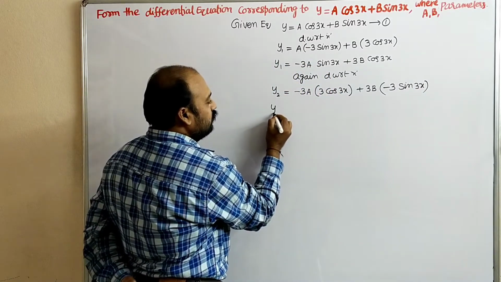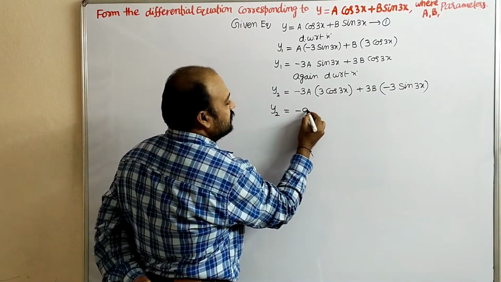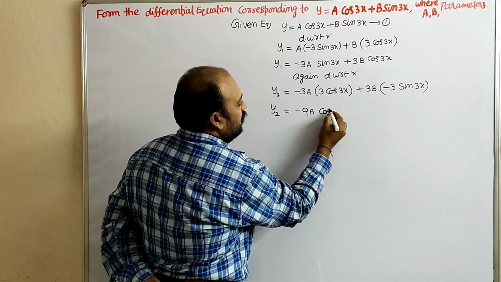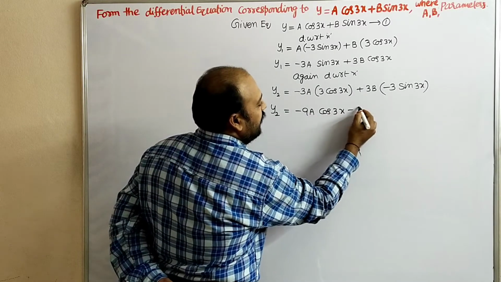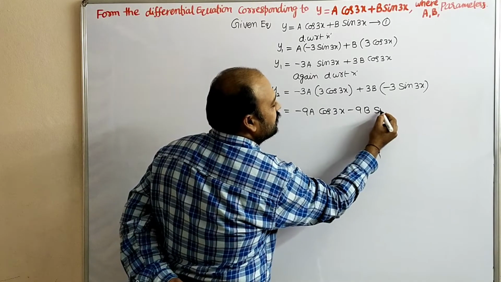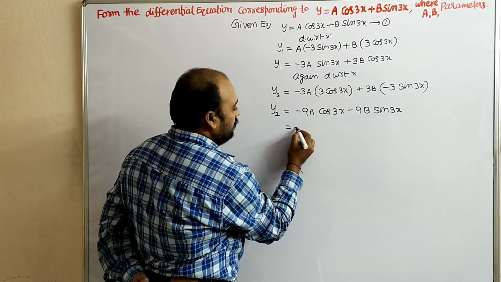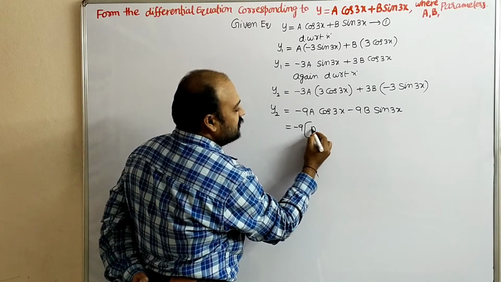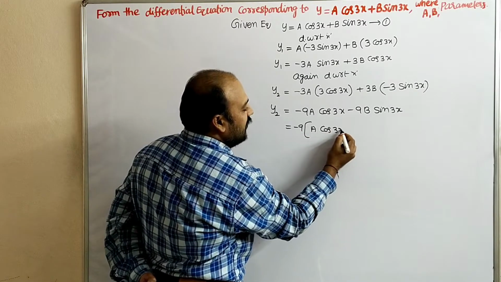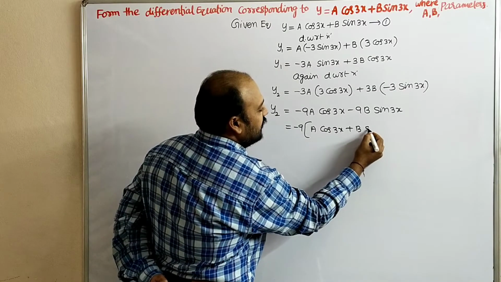So y2 equal to minus 9a into cos 3x minus 9b into sin 3x. Minus 9 take common and the rest of the terms form a cos 3x plus b sin 3x.